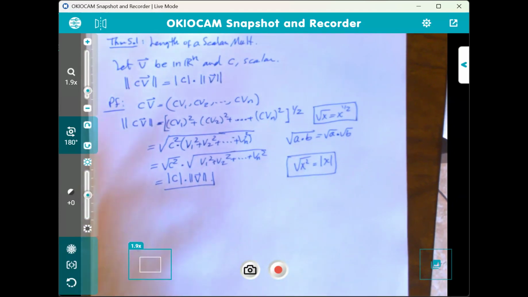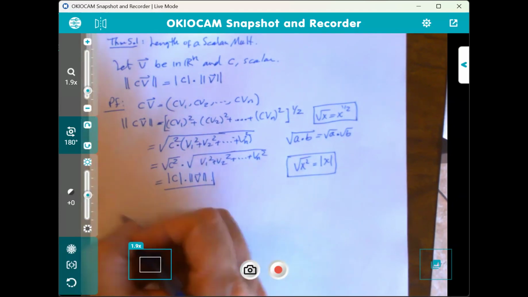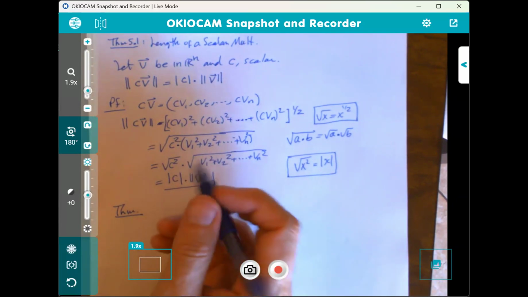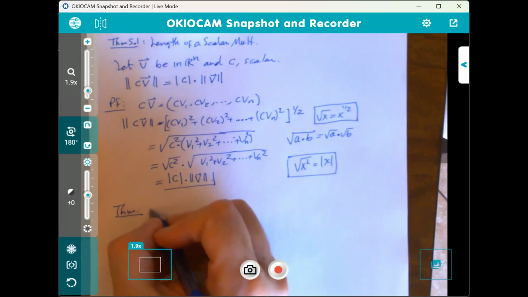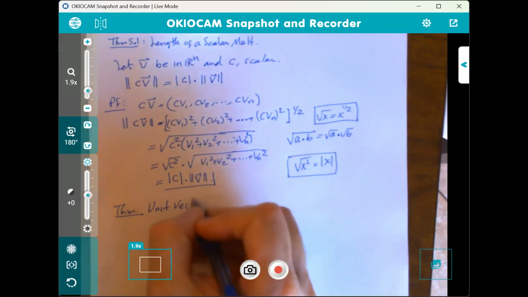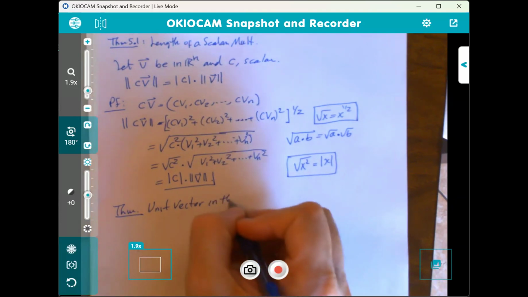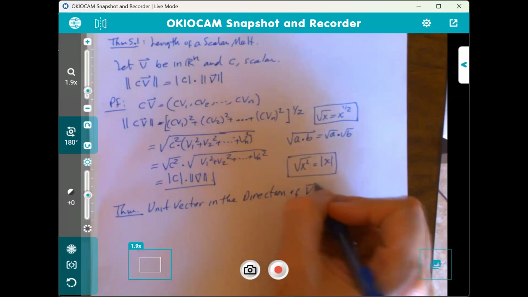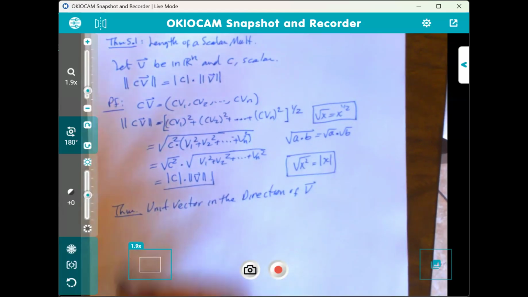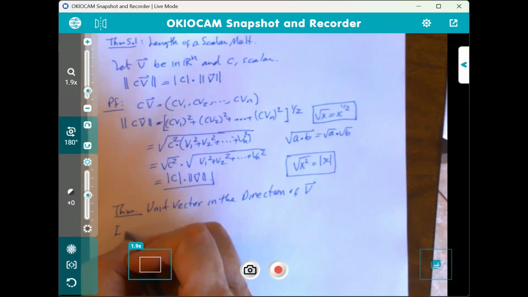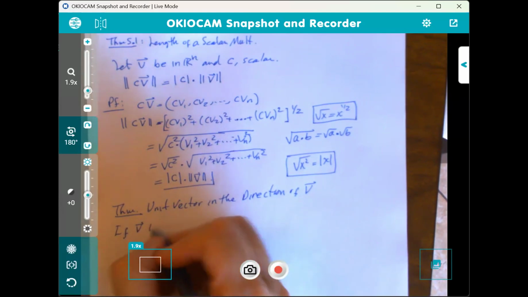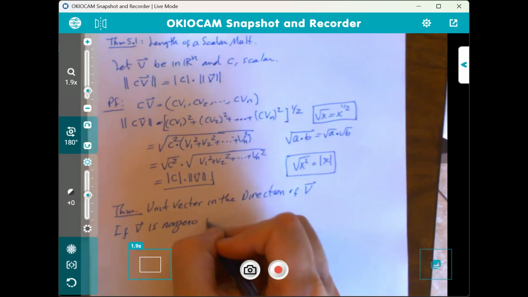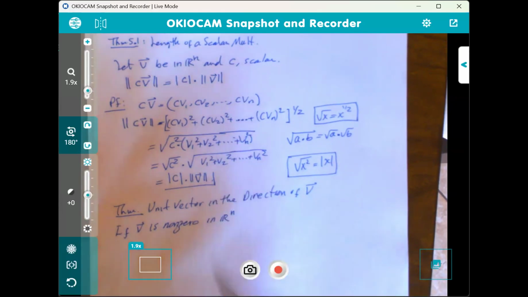All right. Now, we have another theorem here. Let's look at this other theorem. This theorem is for the unit vector in the direction of v. Suppose we have a non-zero vector, v, a vector in Rn, so it could be an n-dimensional vector like the one above.